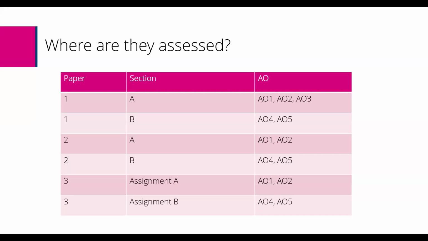The imaginative writing, section B of paper 2, is AO4 and AO5. The coursework, paper 3, mirrors paper 2. So assignment A is AO1 and AO2, and assignment B, the imaginative writing, is AO4 and AO5. I hope that's clear.